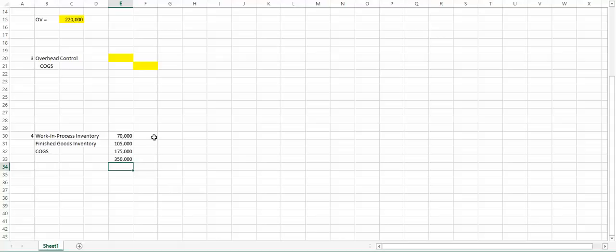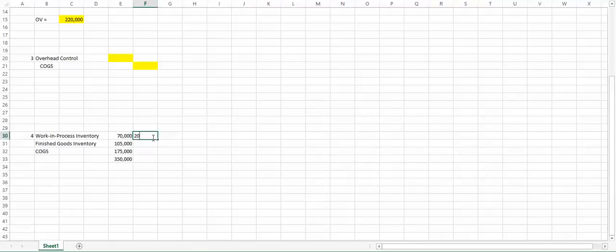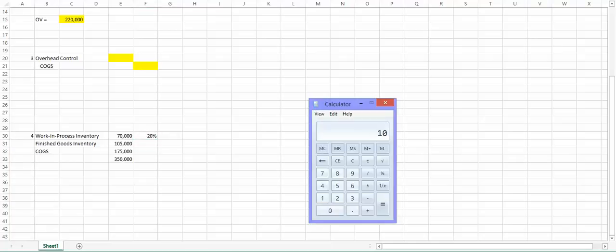Now we have to find the percentages. You're also going to have to do this part for your homework as well. To find the percentage, we're going to take our $70,000 divided by the $350,000, which gives us 20%. And we're going to do the same thing with the finished goods inventory and the cost of goods sold.